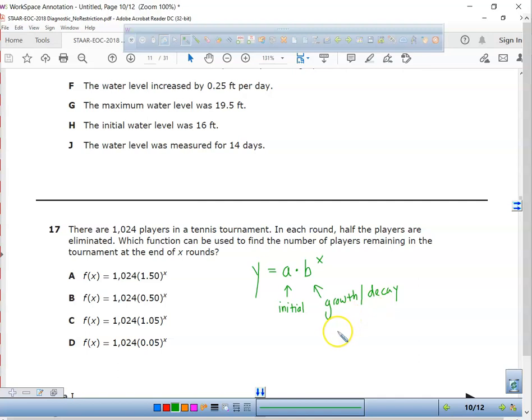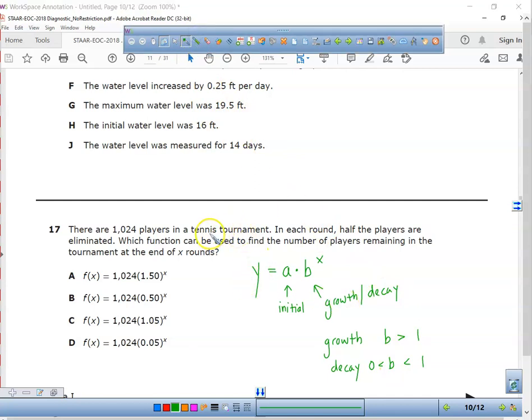If it's growth, that means your B value is greater than 1. If it's decay, that's like Honey, I Shrunk the Kids. That means it's less than 1 but greater than 0. It means it's getting smaller. Okay? So right now, what type of tournament are they having? They're having a tennis tournament. What did they start with?